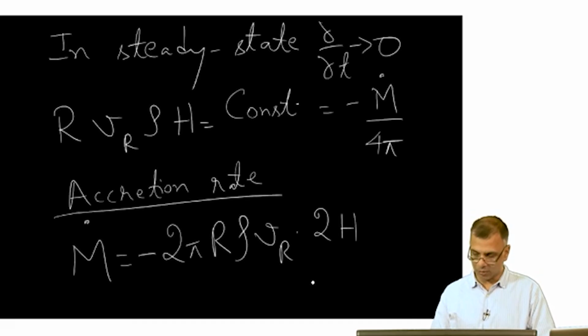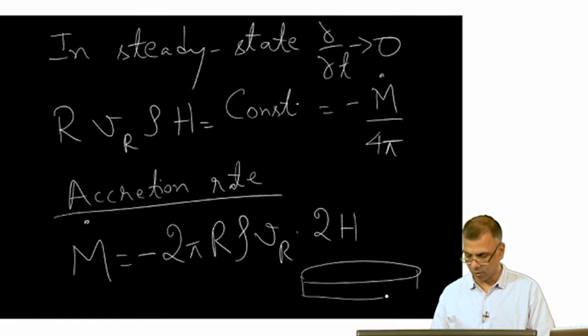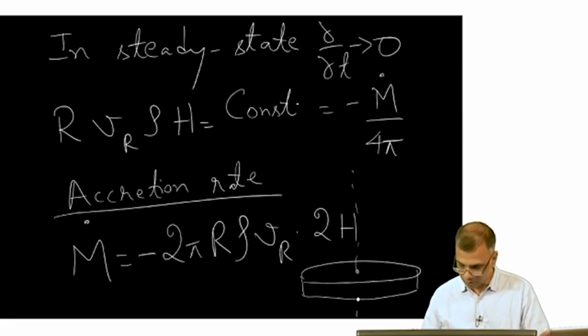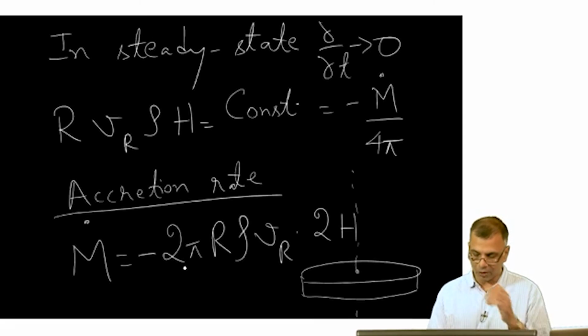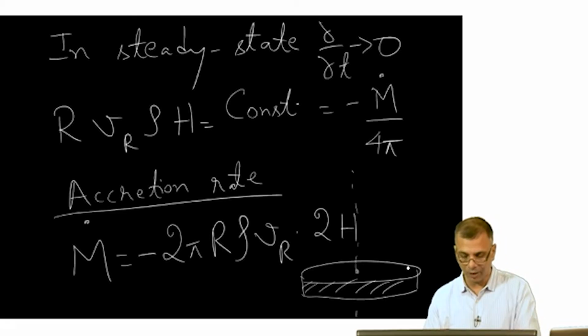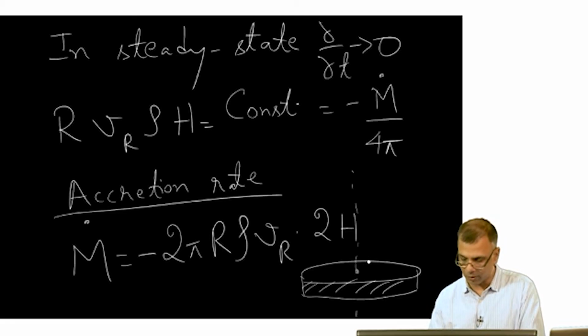And so, what does this really represent? Consider a disk, like that, and there is a central object, and so that would be the axis. What this is essentially saying is that, you see, what is the surface area of the side of the disk? That would be 2 pi r, where this would be r, of course.